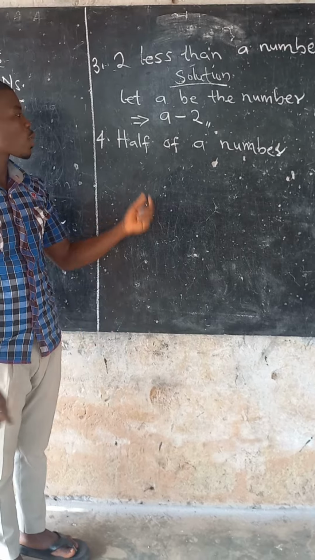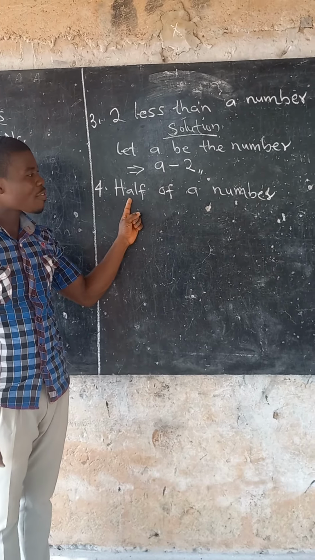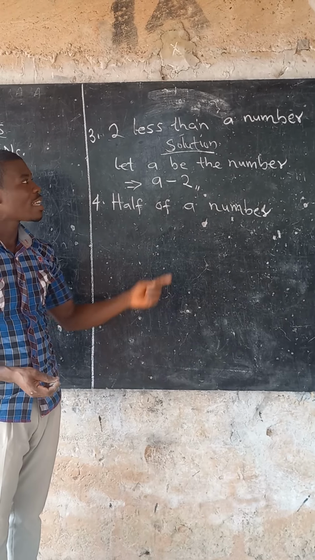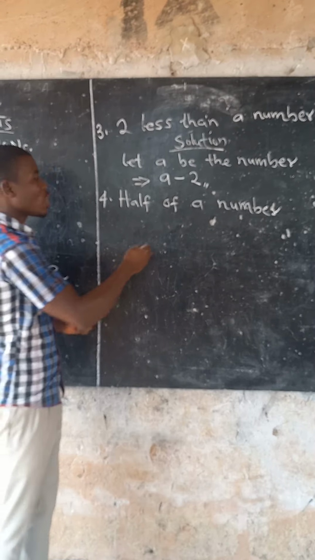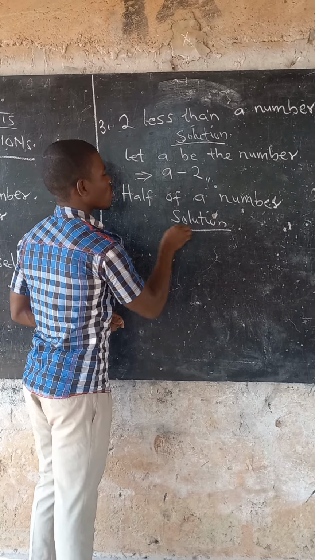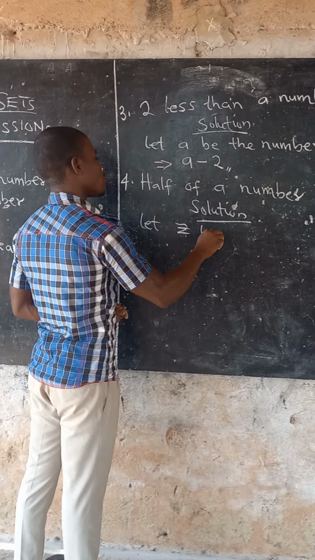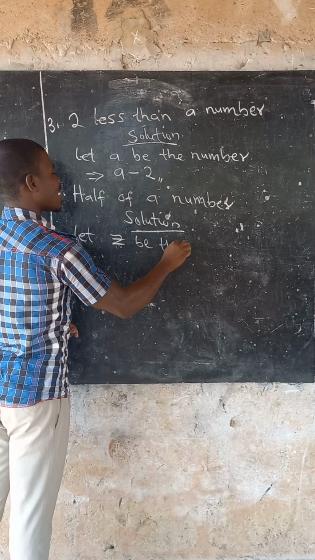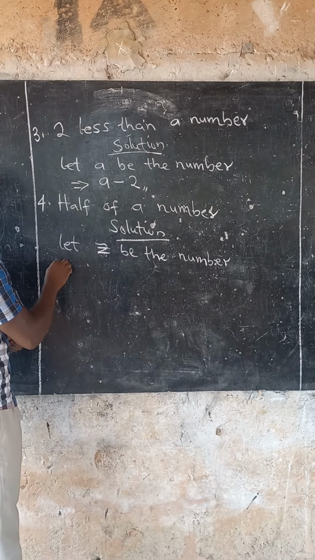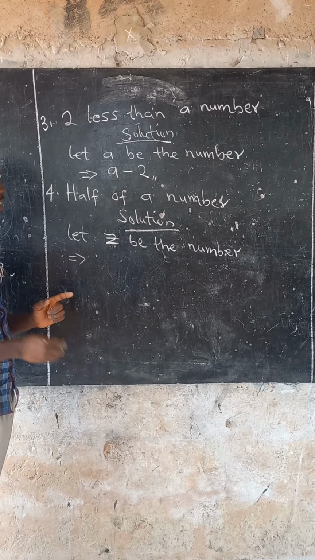Let's look at example 4 too. Example 4 is saying half of a number. Here too, we don't know the number. So let's represent the number with something. So let z be the number. We know that half is 1 out of 2, right?